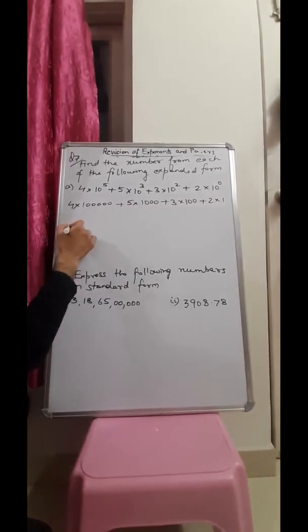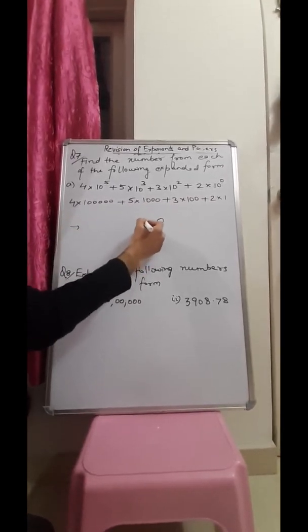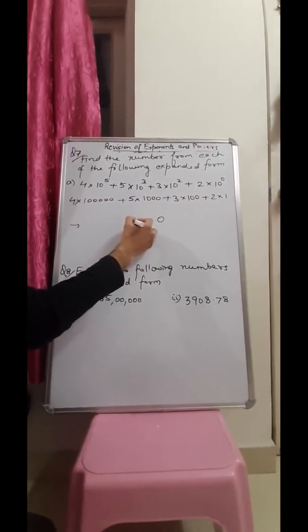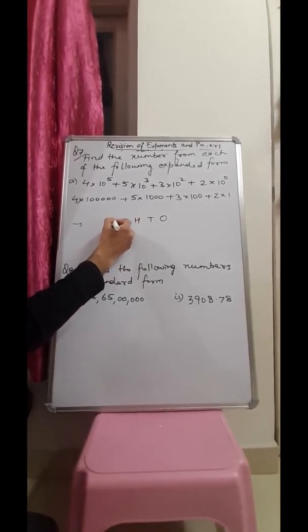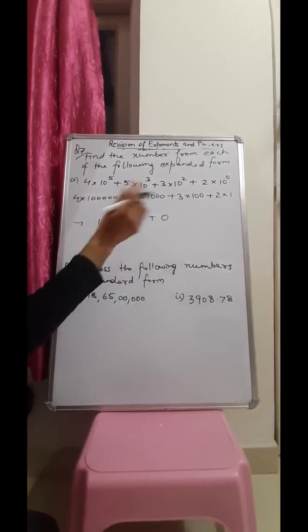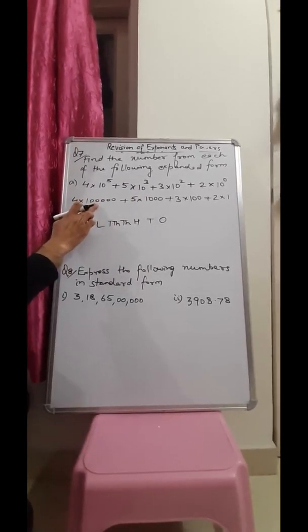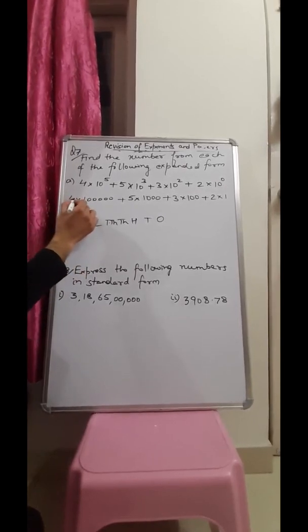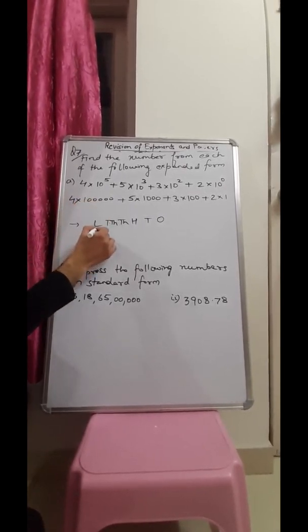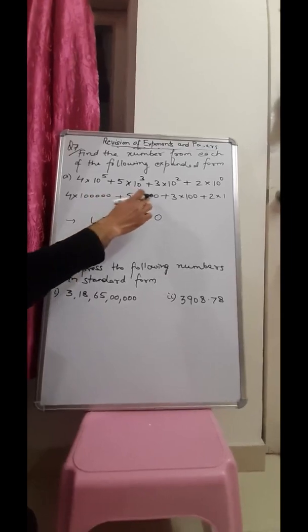So first write down the place values: 1, tens, 100, 1000, 10,000, lakh. Why am I writing up to lakh? Because the highest place here is lakh. So how many lakhs? 4 into 1 lakh, that means 4 lakh. 5 into 1000 means 5000.